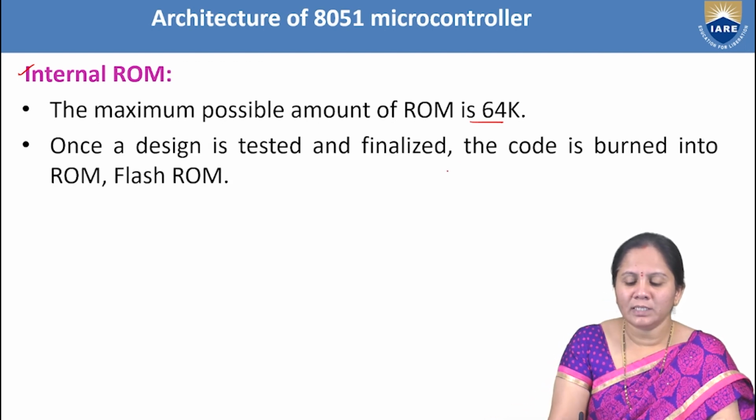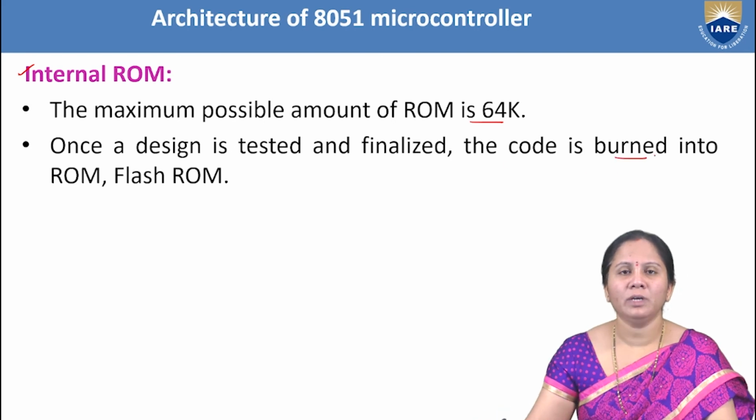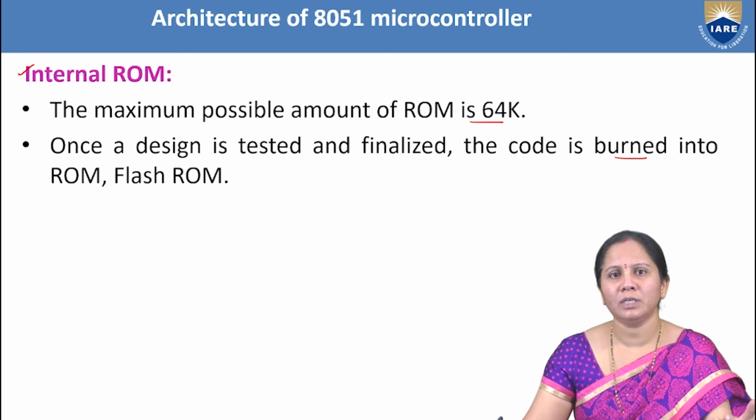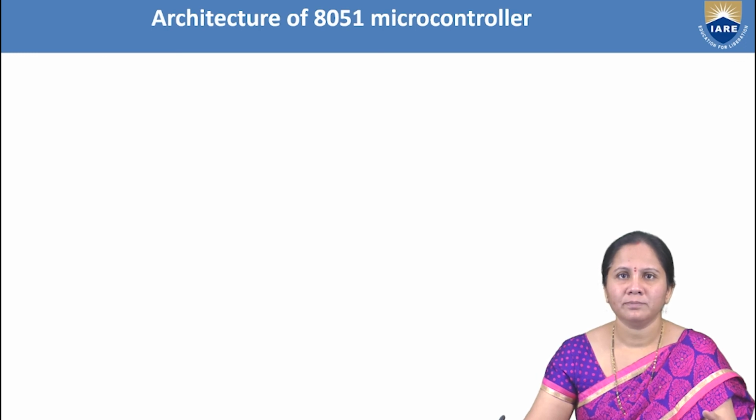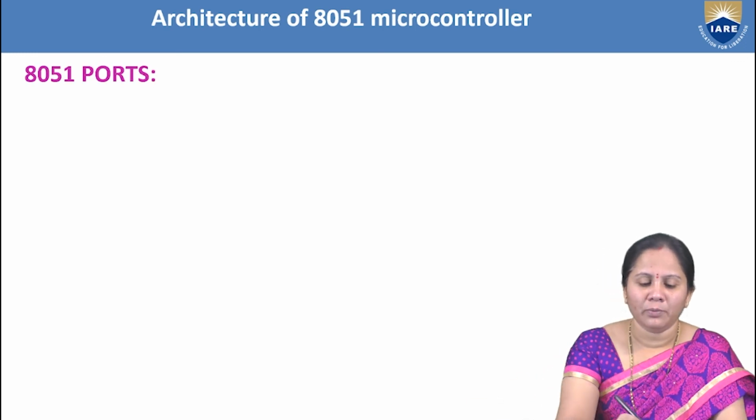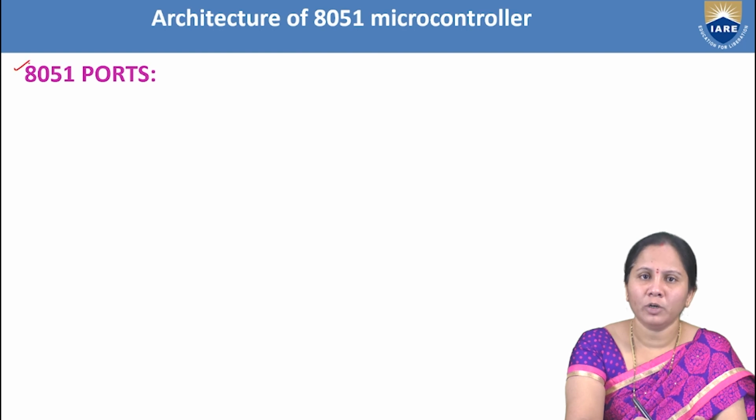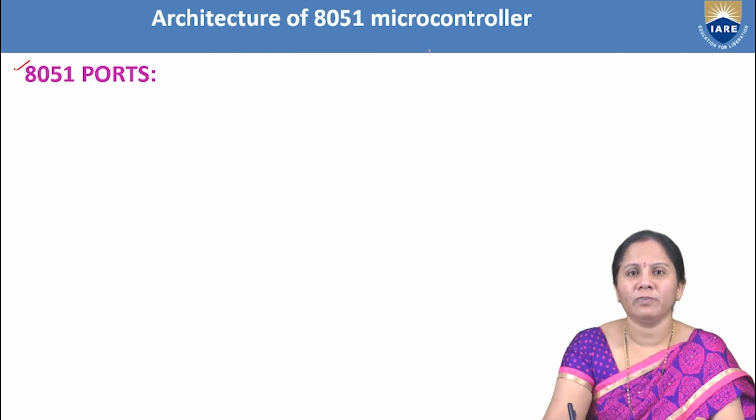Once a design is tested and finalized, the code will be burned into the ROM, because the final code given to the application should be present in the ROM. So that is what we have about the internal RAM and ROM in the architecture of the 8051.